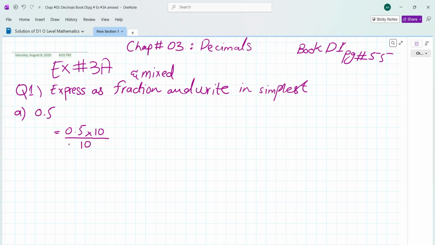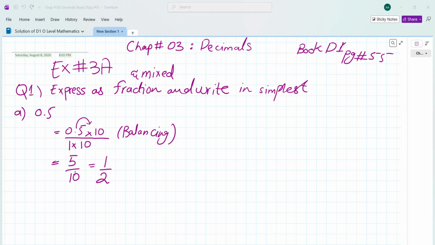If there is no denominator, it is always 1. So we are balancing: the denominator and the numerator are multiplied by the same number. When you multiply, the point moves to the right and it becomes 5 upon 10, and the value will be 1 upon 2.